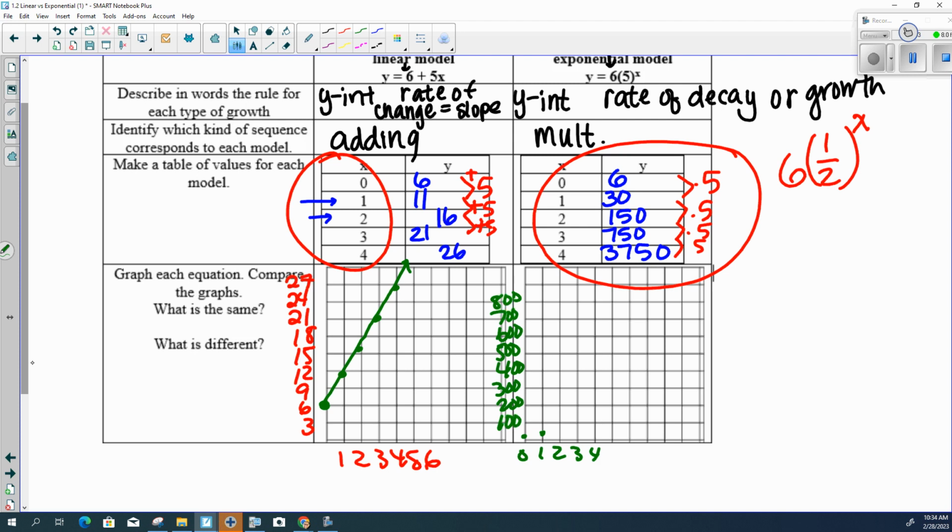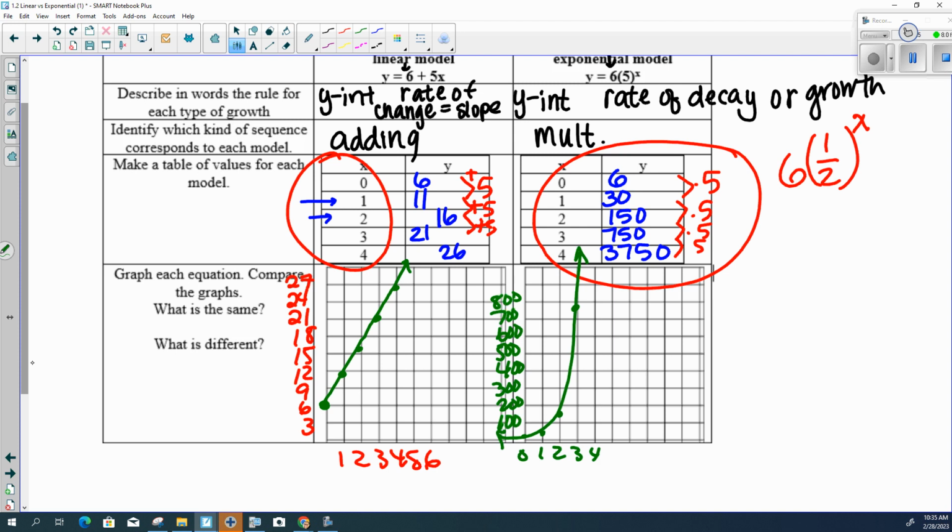Over 1 up 30. Over 2 up 150. Over 3 up 750. And there's no way I could manage to create a graph that goes up to 3,750. So it swoops up so fast like that jet. They're so impressive and cool looking.